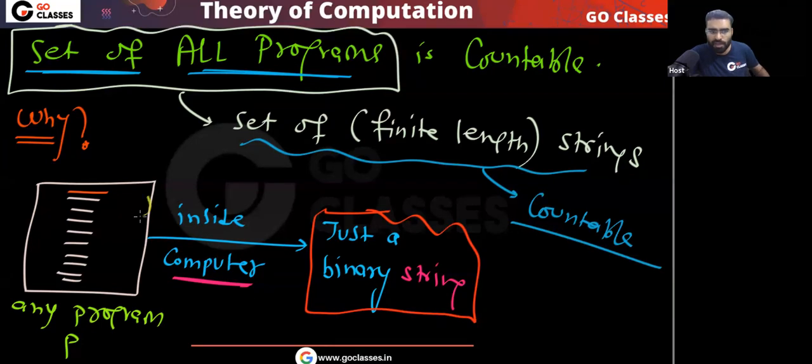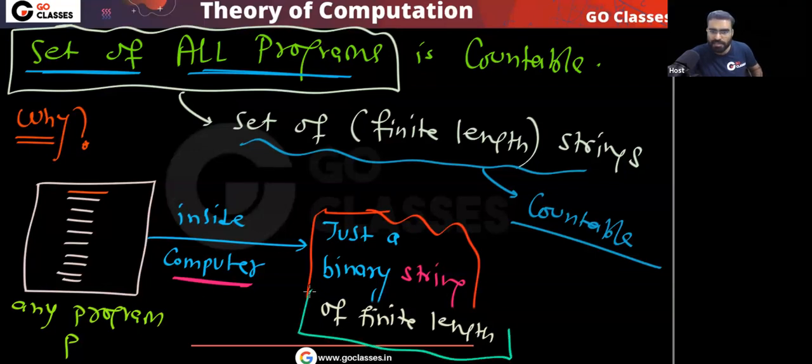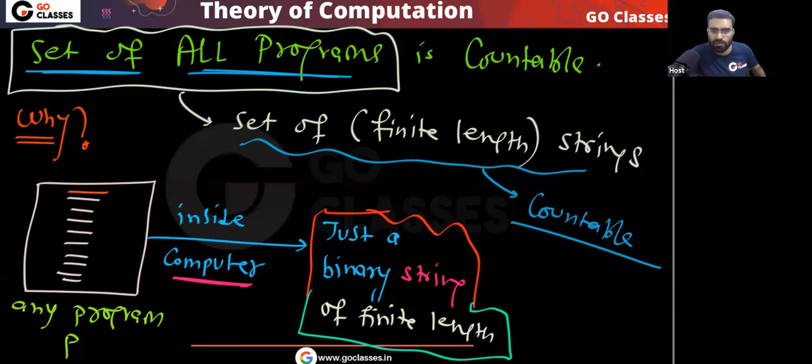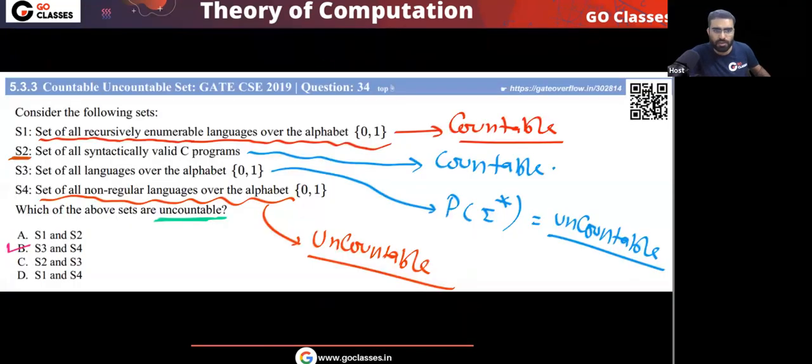Because whatever program you take inside your computer is just a binary string of finite length. So when I say set of all programs, that automatically means a set of finite length strings, and that is countable. So very simple. This is your statement S2.